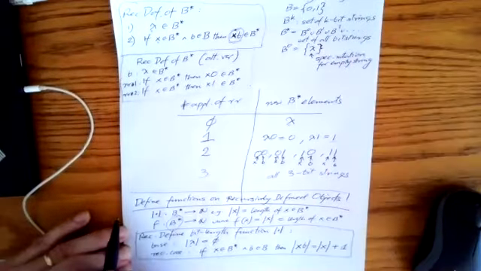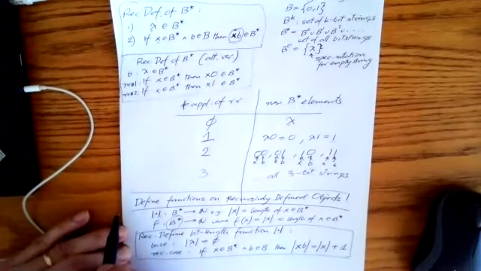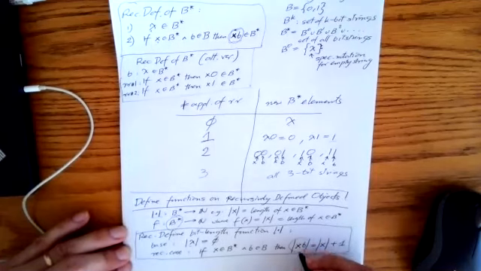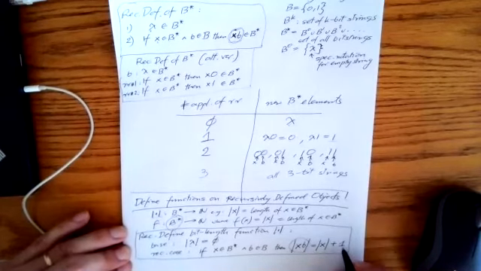The other case is that the argument has the form xb, where b is a bit and x is an element of the set. If that's the case, then I define the value of the length function on such an argument in terms of the value of the function on x.